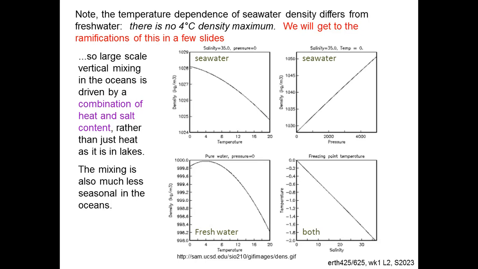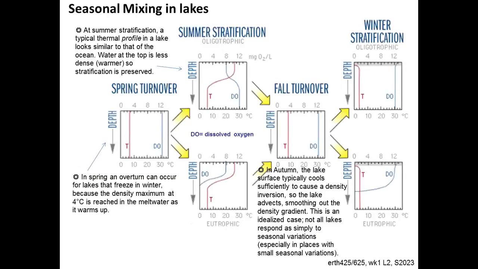This maximum goes away when we get into salt water like the ocean. So the oceans don't circulate by this mechanism. I just wanted to highlight that point to you. So this is a diagram that shows you the spring and fall turnovers for a lake, and then the conditions during summer and winter stratification for basically two parameters: temperature, which is shown in red, and DO, which stands for dissolved oxygen.